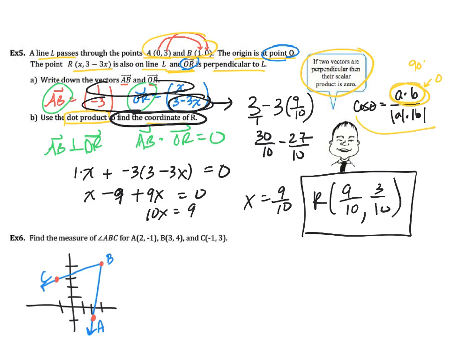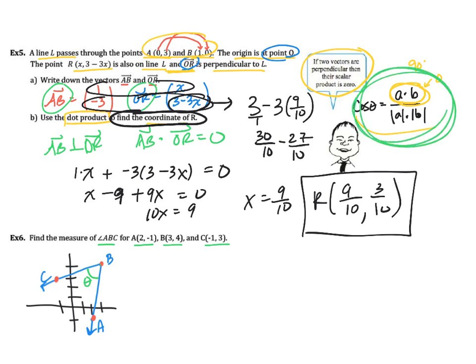It says find the measure of angle ABC given that point A is at (2, 1), point B is at (3, 4), and point C is at (-1, 3). So I graphed those points over here down below, and I want to find the measure of this angle here in between. So in order to find the measure of the angle, remember we're going to have to use this formula up here.